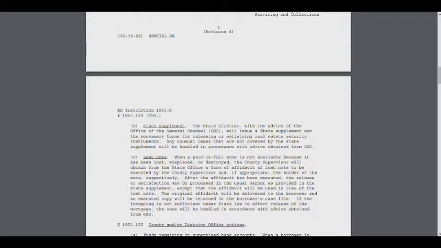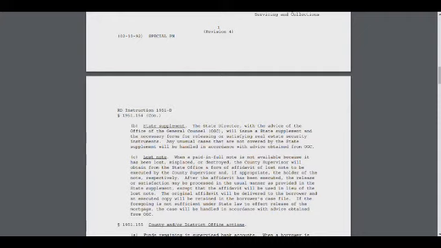destroyed, the county supervisor will obtain from the state office a form of affidavit of loss to be executed by the county supervisor and, if appropriate, the holder of the note. After the affidavit has been executed, the release will follow the state supplement, except that the affidavit will be used in lieu of the lost note.